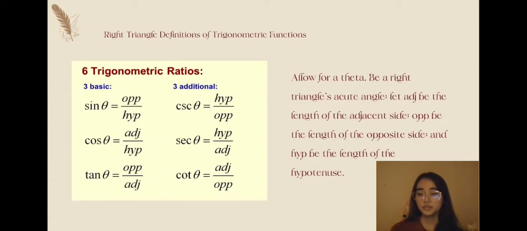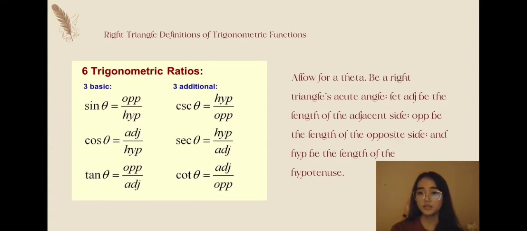The tangent of angle A, abbreviated tan A, is the ratio of the length of the opposite leg to the length of the adjacent leg. The reciprocal of the sine function is called cosecant. The cosecant of angle A, denoted csc A, is the ratio of the length of the hypotenuse to the length of the opposite leg.